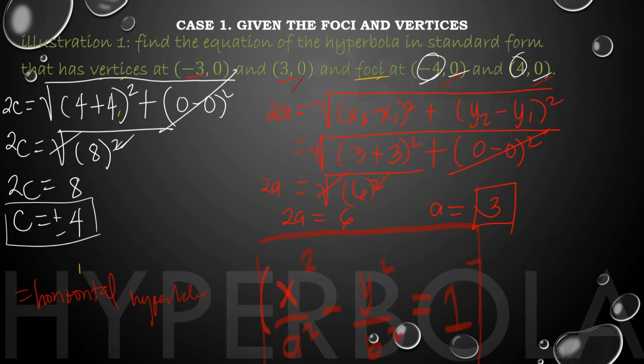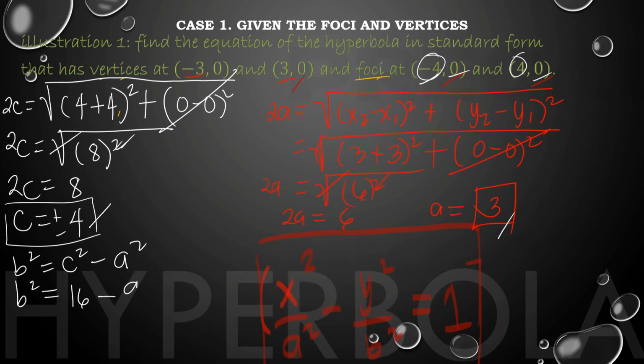And then, to find b, Pythagorean theorem, magiging b squared is equal to c squared minus a squared. So, b squared is equal to 4 squared minus a squared, which is 3 raised to 2 is 9.